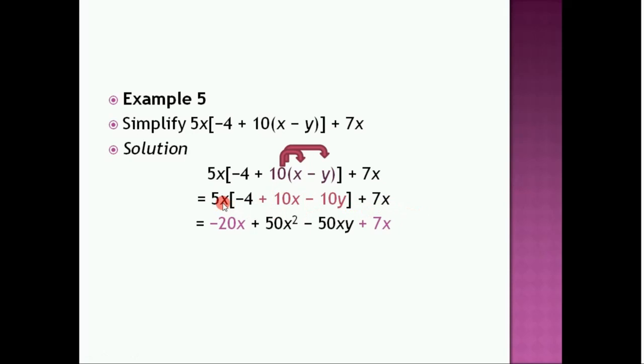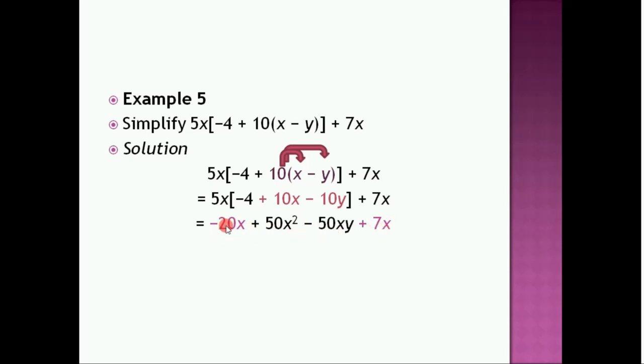Next we multiply the 5x in front of this bracket into x minus 4, then 10x, then minus 10y, and plus 7x stays as it is. That is 5x squared minus 20x, plus 10x squared minus 10xy, and plus 7x. Now you can see minus 20x and plus 7x are the same color, purple.